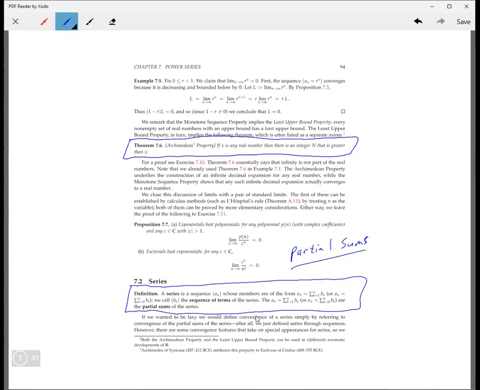And the series, which goes from, I'm sorry, let me use k. The series is equal to the limit of the partial sums, okay? Which the partial sums are these right here.